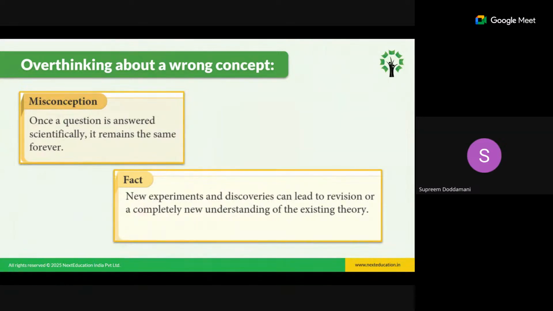Right. So many students think that once some experiment is done and some theory is given, it remains completely for a lifetime. No, it has to be changed. So this type of misconception is removed using this misconception and fact column.